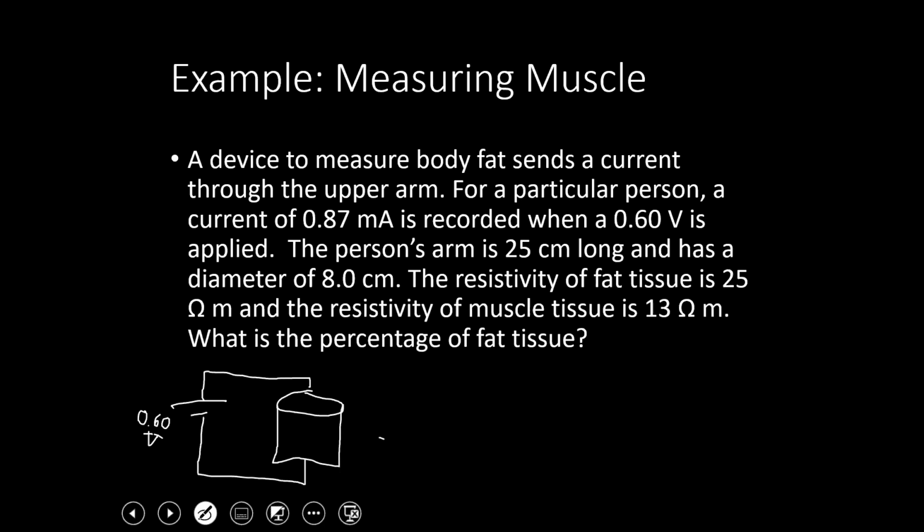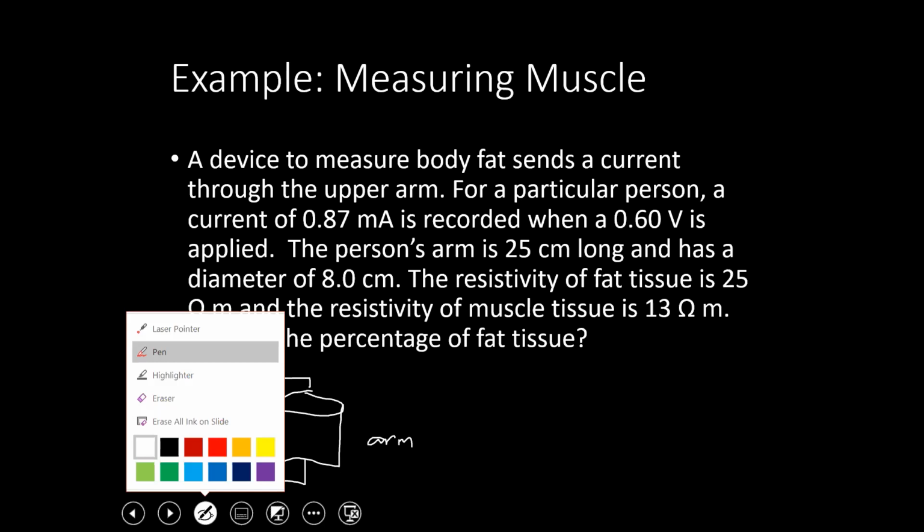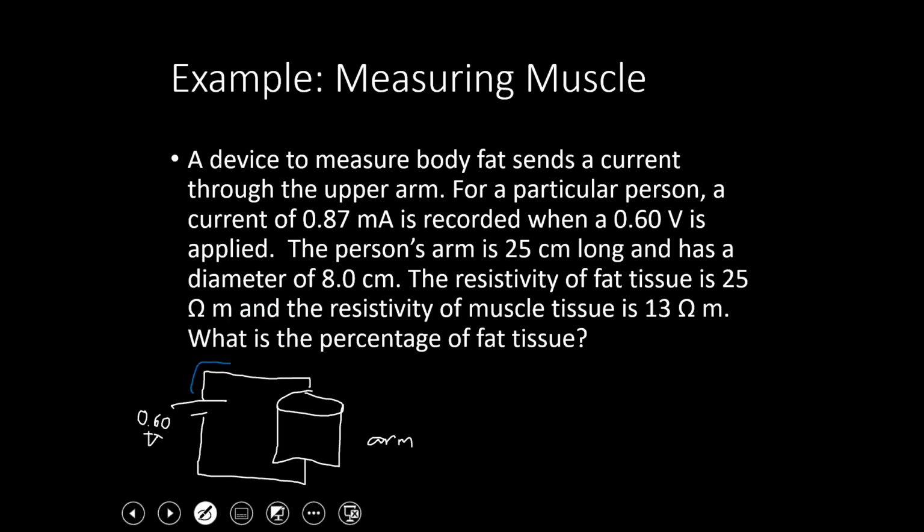So this is the arm, and we know how much current is going to this, 0.87 milliamps. That's essentially the situation: we have a voltage applied to an arm, and we know how much current this voltage source is providing, the 0.87 milliamps. We're also given the resistivity of fat tissue and the resistivity of muscle tissue.